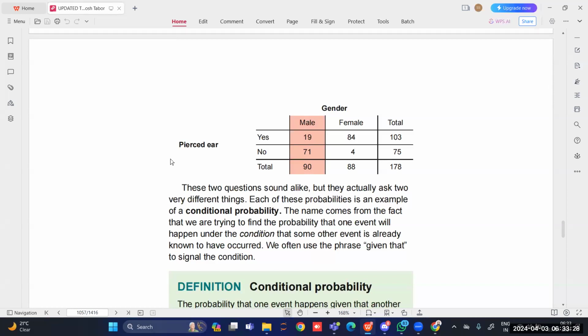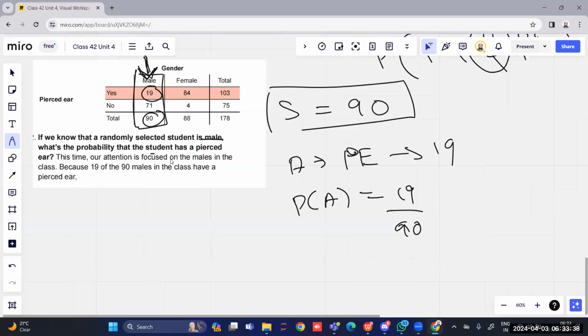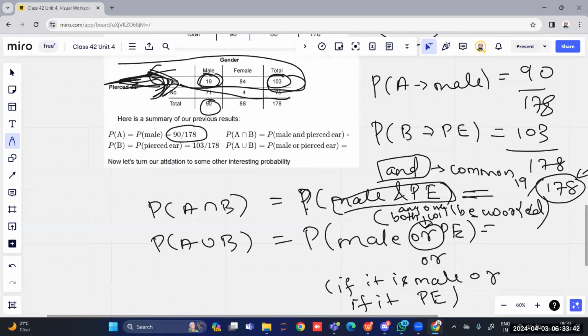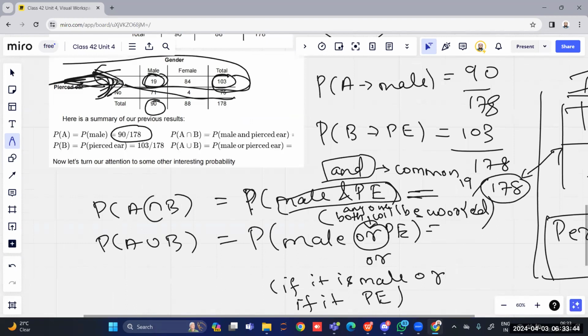Then we find the probability that after choosing a male, we choose a pierced ear, or after choosing a pierced ear, we find a male. In the previous case, with intersection and union, we were finding the probability of both. But in the conditional, one task is fulfilled, then we go to the other task.